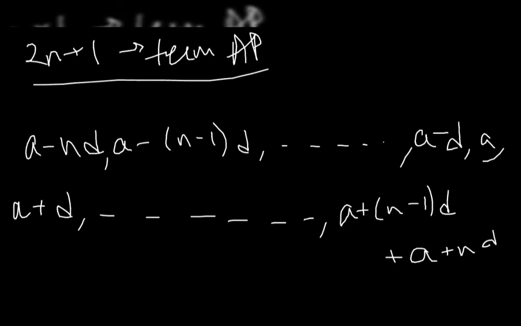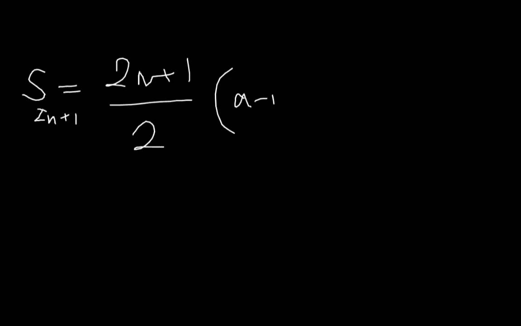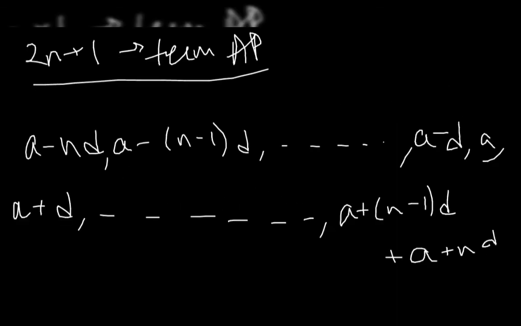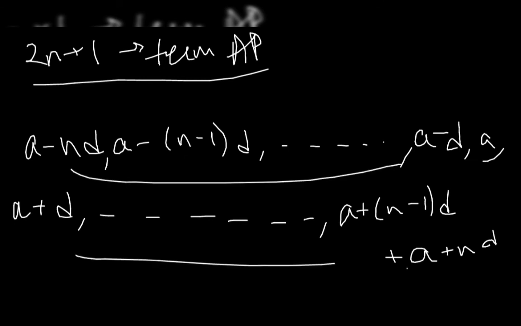What is the first term? a minus nd. What is the final term? a plus nd. This gets cut, and there is a 2a here, so it will come out as (2n plus 1) into a. Remember, there were n terms on each side, so the middle term is nothing but a.